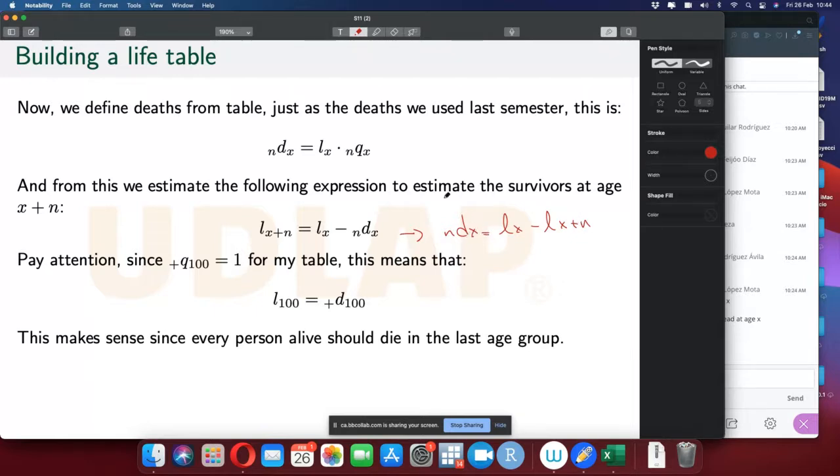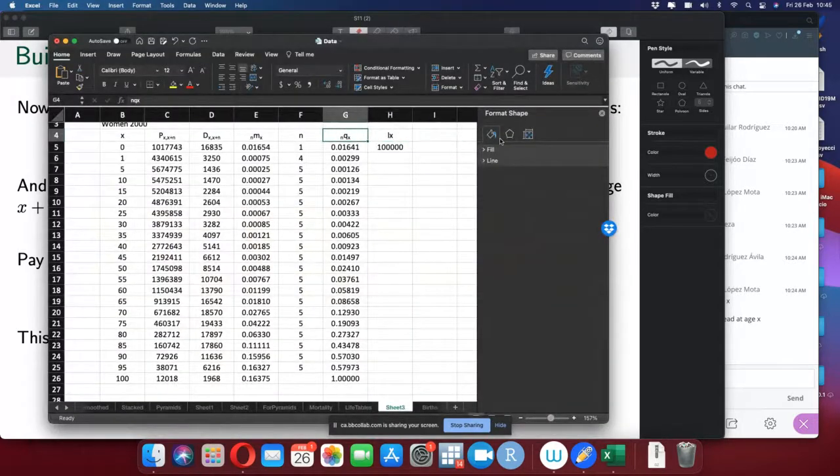So I need the number of people who are dying, and I can get those who died at one specific age group. I'm going to input here deaths: survivors times probability of death. I don't like decimals in these things, but you can use 1 if you want to.